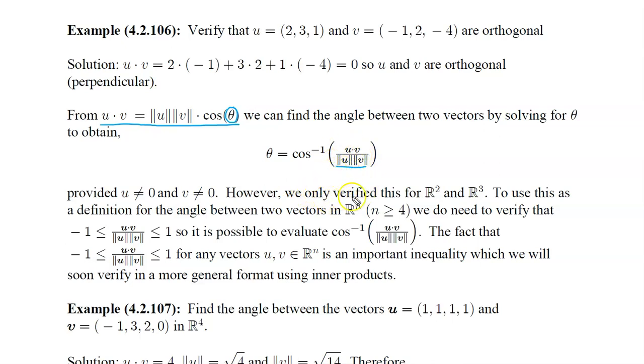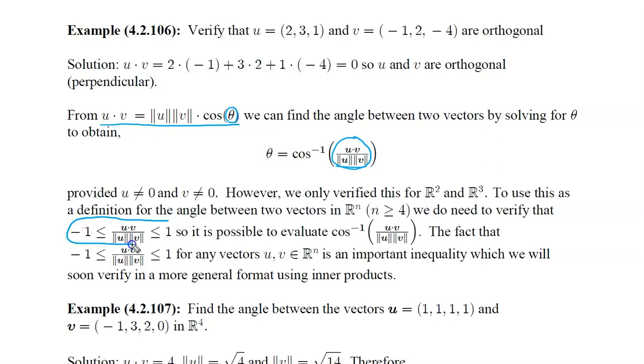Now, there's one important thing to note here, though. We really only verified this formula for vectors in R2 and R3. In order to take the inverse cosine, we have to verify that this quantity for vectors in Rn satisfies this inequality down here.